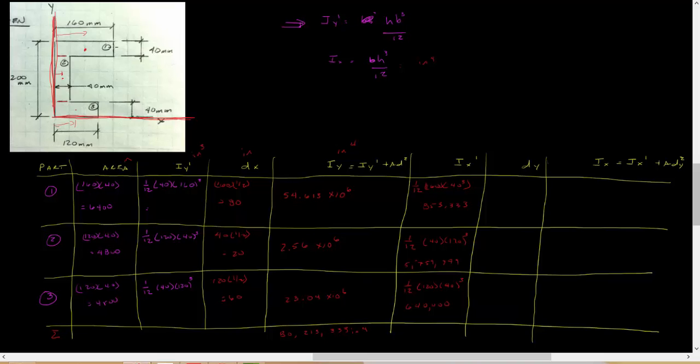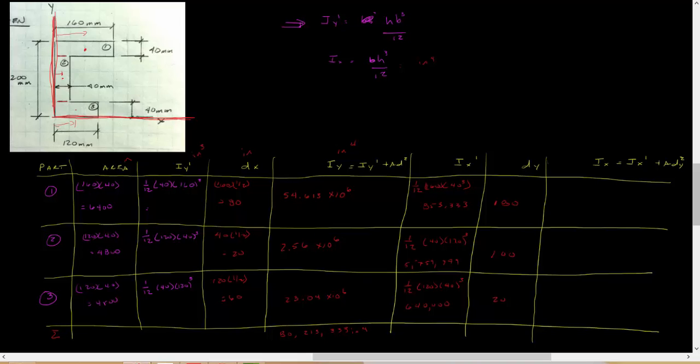So 200 minus 20 is 180. For part 2, I go up 200 and then come down half, or 200 minus 40, and this distance here is 120, so I come up with a distance of 100. And the last one is just the distance to the center from the x-axis, which is half of 40, which is 20.